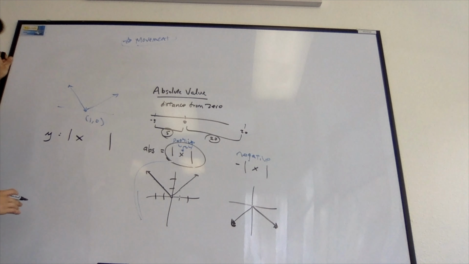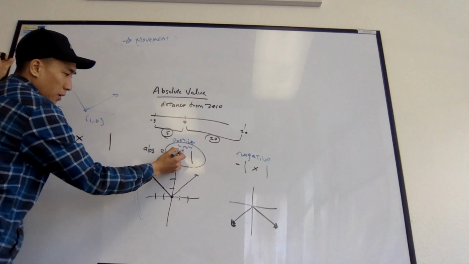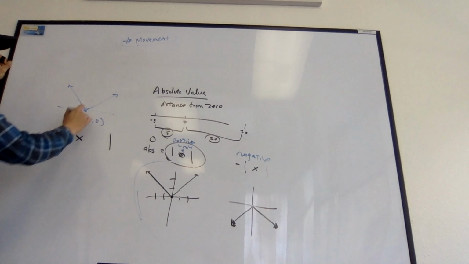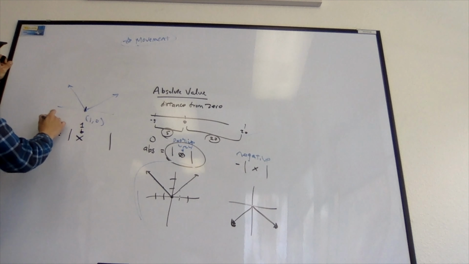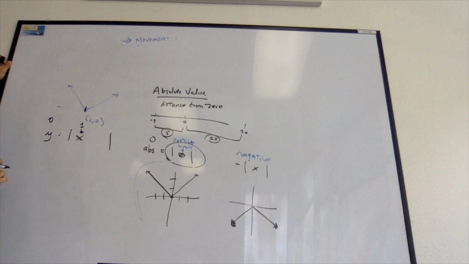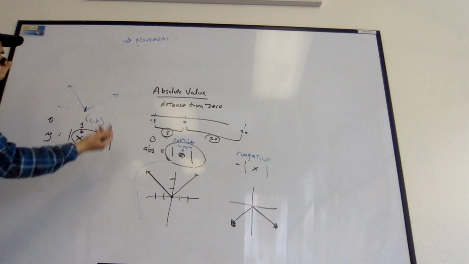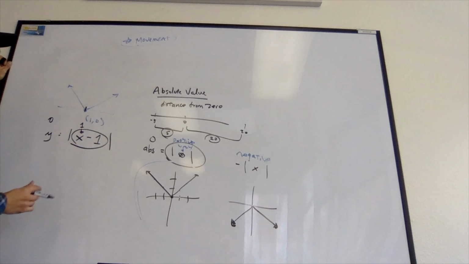Think of it this way: when I put in a 0 here, I got a 0. But right now I'm putting a 1 in here, and I'm getting a 0. So what do I got to do to this x in order to move it to 0? I got to subtract 1. Does that make sense? Yeah.